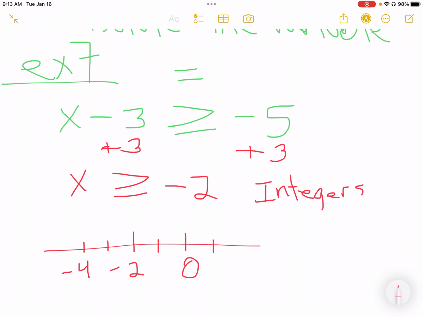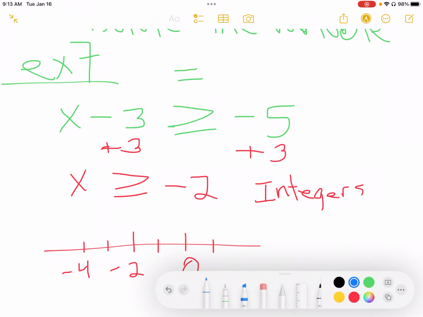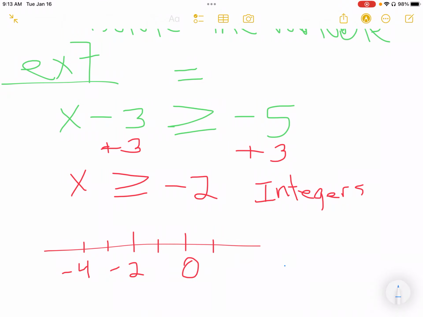X is greater than or equal to minus 2. Let's choose a different color to highlight the graph. I can include minus 2, and then my integers, this is my integer, this is my integer, and then I draw an arrow going in that direction. That completes it. The tricky part was just doing this step right here.